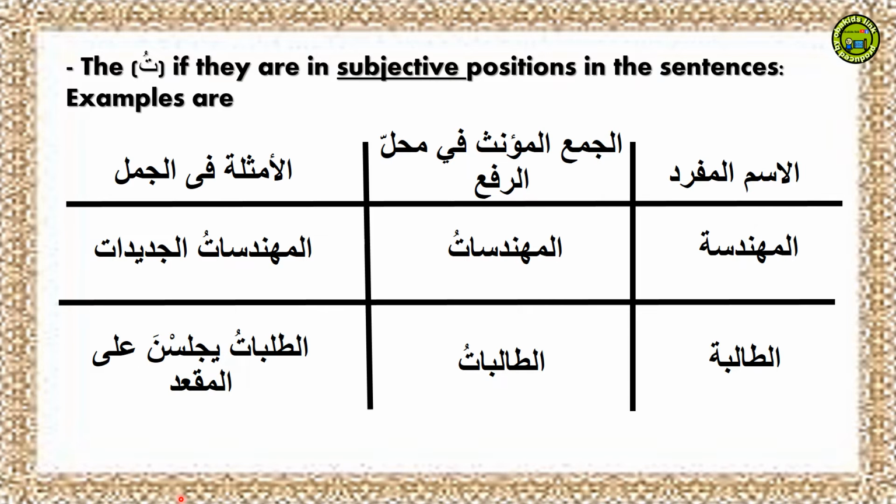Here are some examples. The ta takes dhamma if they are in subjective positions in the sentences. اسم المفرد singular noun, الجمع المؤنث في محل رفع, feminine plural in the position of dhamma. الأمثلة في الجمل, the examples in sentences. المهندسة, the female engineer. المهندسات, female engineers. المهندسات جديدات, the female engineers are new. الطالبة, the female student. الطالبات, the female students. الطالبات يجلسن على المقعد, the female students are sitting on the bench.